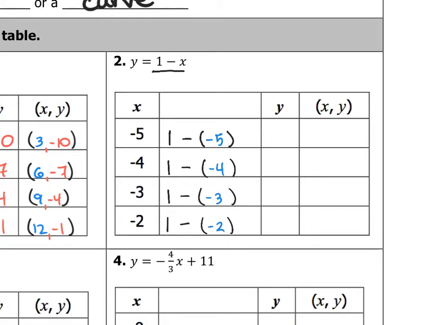You'll remember from working with integers in years past that a minus minus really means plus. So this is really 1 plus 5, which gives us 6. 1 plus 4, which gives us 5. 1 plus 3, which gives us 4. And 1 plus 2, which gives us 3.